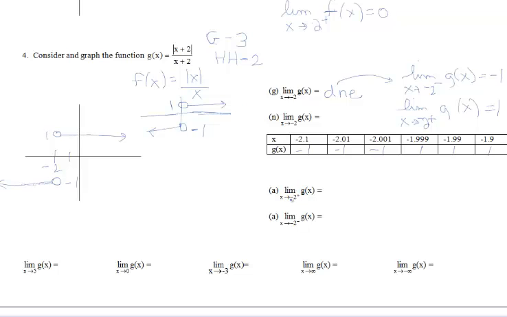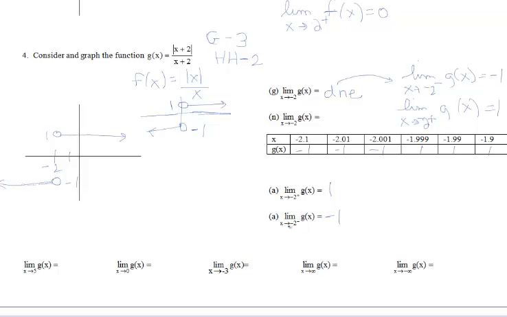It didn't work here, plugging in -2, so -2 from the right would indicate maybe -1.999, and if we plug that in for x, it confirms with the data table that that's 1. As you approach -2 from the left, that would be one of these two x values, so those outputs would be -1.